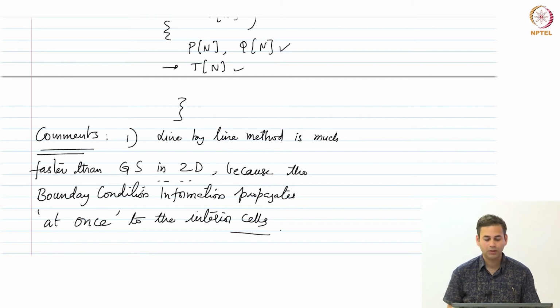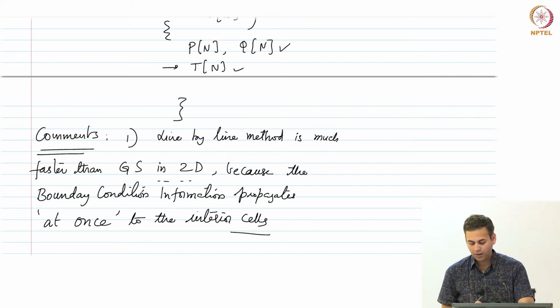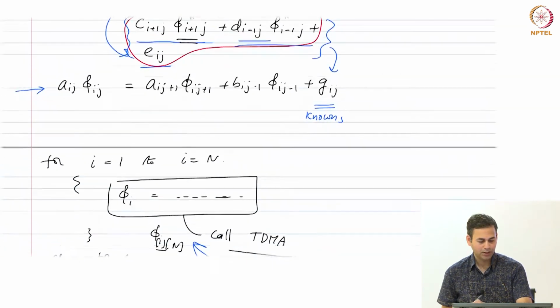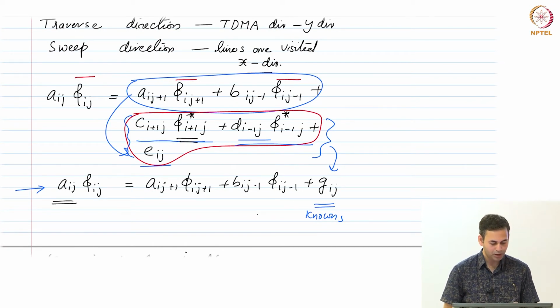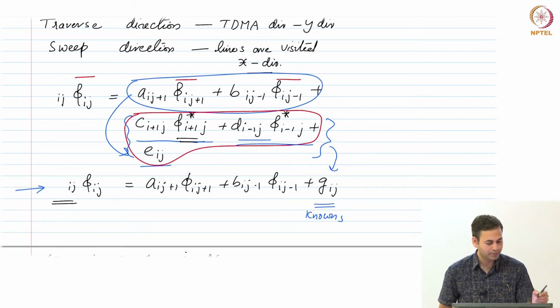Yes, the coefficient of phi, this one. Oh, I'm sorry, I should have written B. You're right, so let me change it. The coefficient should be different. Let me call it central, maybe a Pij or something.